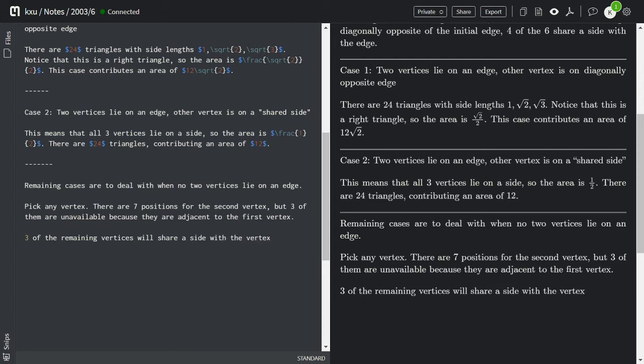But they won't be sharing an edge, which means they're on the diagonal of that side actually. They're diagonally opposite from that side. While the last one is diagonally opposite. So this is the one that's as far away from the first vertex as possible.